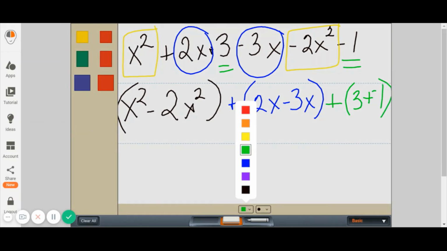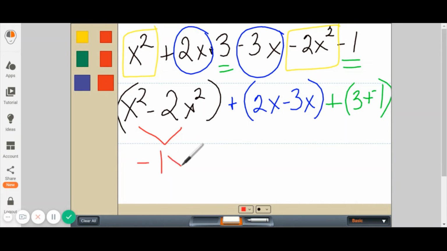So now I can go through my last step and say 1x squared minus 2x squared. Well, if I have 1 minus 2 of anything, referring back to my integer operations, I will wind up with negative 1. And in this case, we're talking about x squared. And then I have 2x minus 3x, so I'm going to have negative 1x. And I have 3 minus 1, which is positive 2.